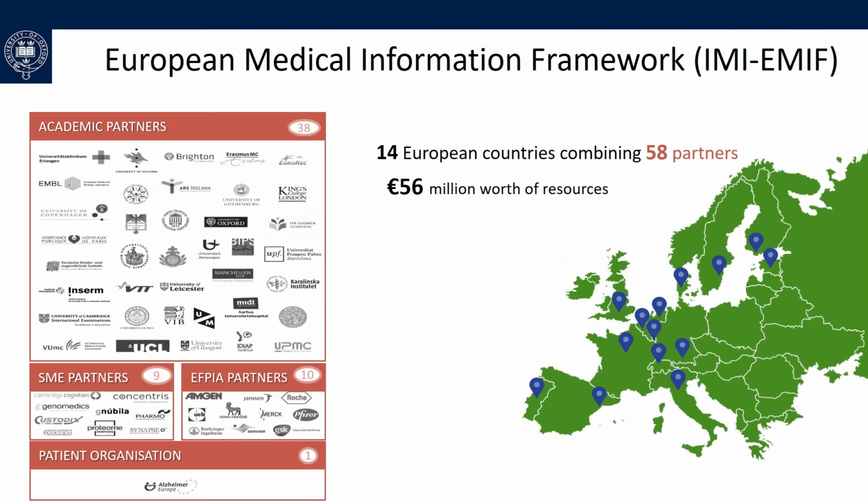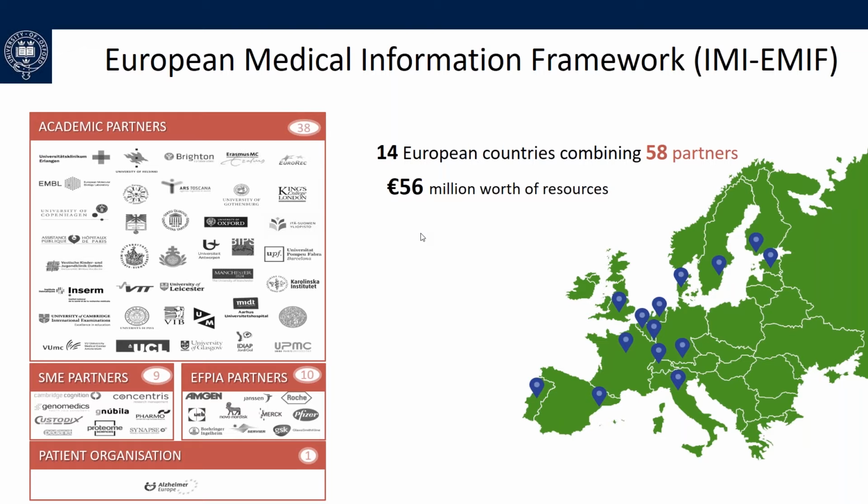So starting with platforms, the sister program to IMI-EPAD is IMI-EMIF, the European Medical Information Framework. This is very like EPAD in terms of its organization. A very large number of academic partners, some SME partners, and partners from the European Federation of Pharmaceutical Industries and Associations, EFPIA, and you can see them there.